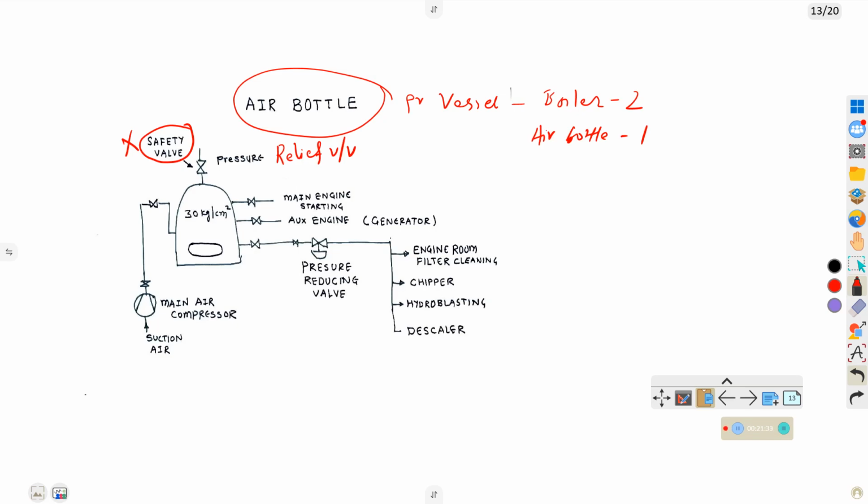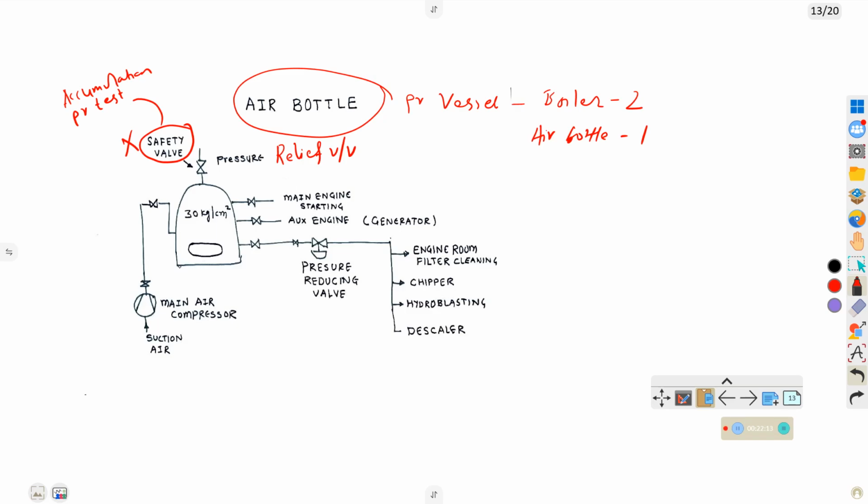A safety valve has to undergo an accumulation pressure test, whereas a relief valve does not have to undergo an accumulation pressure test. Okay.